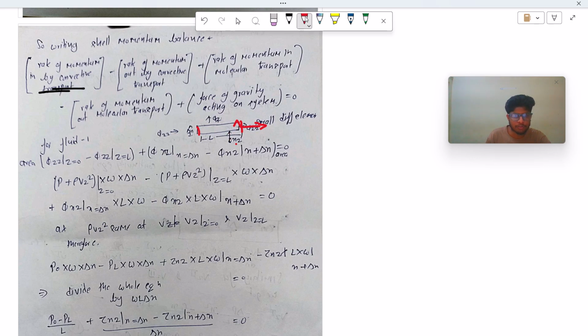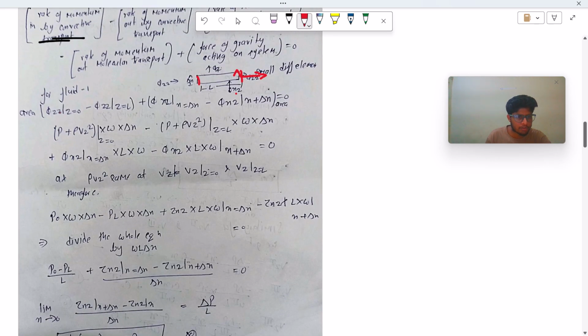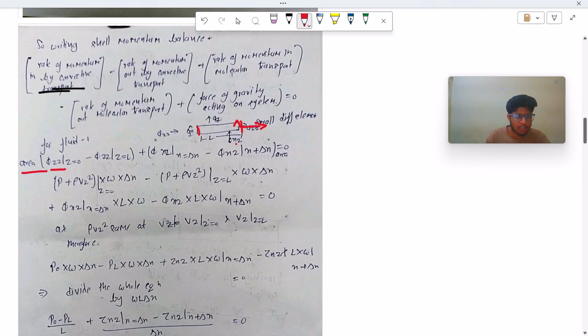So writing our shell momentum balance equation, first of all, we multiply flux by area, and the area will be perpendicular to the momentum. So z momentum in z direction has a perpendicular area with width W and thickness delta x, so W into delta x. This will be the area perpendicular to φzz.